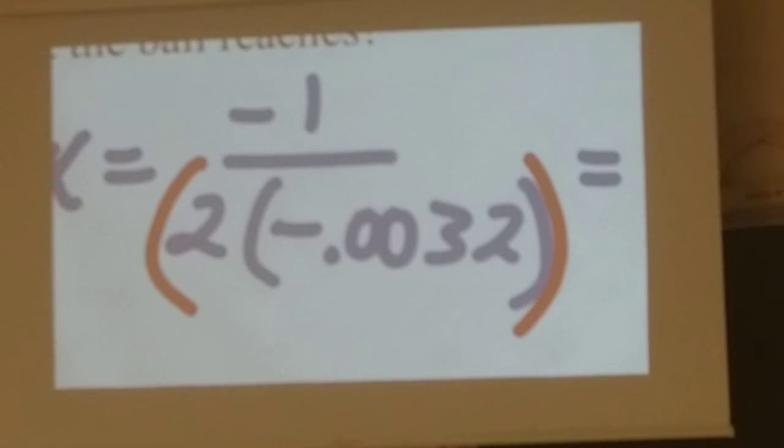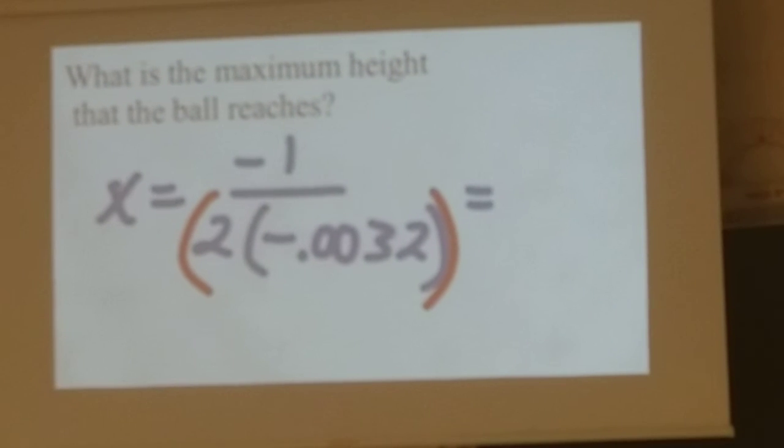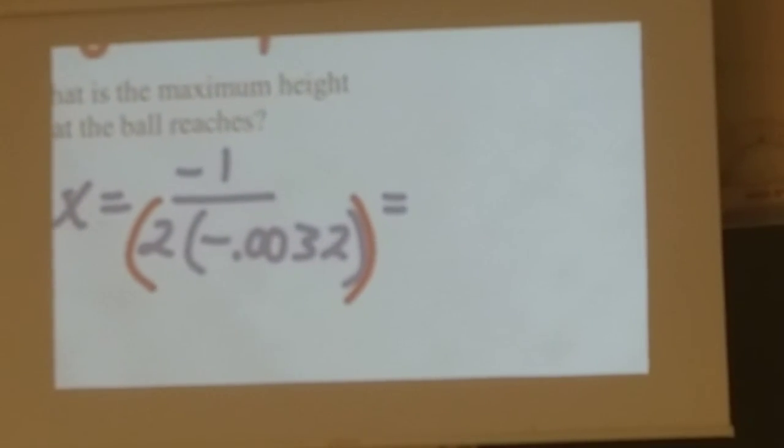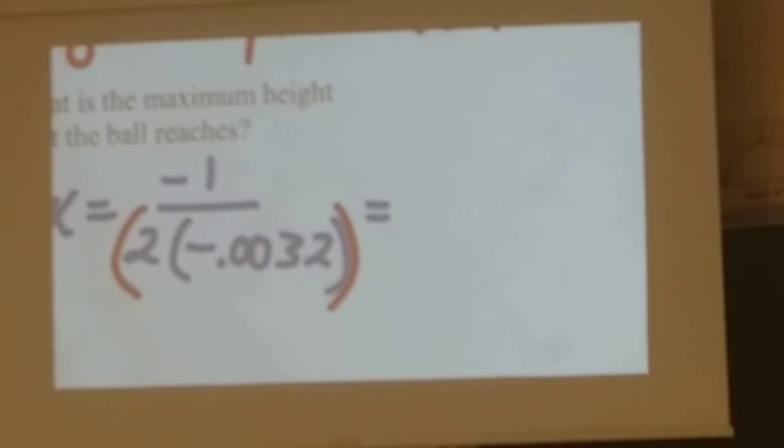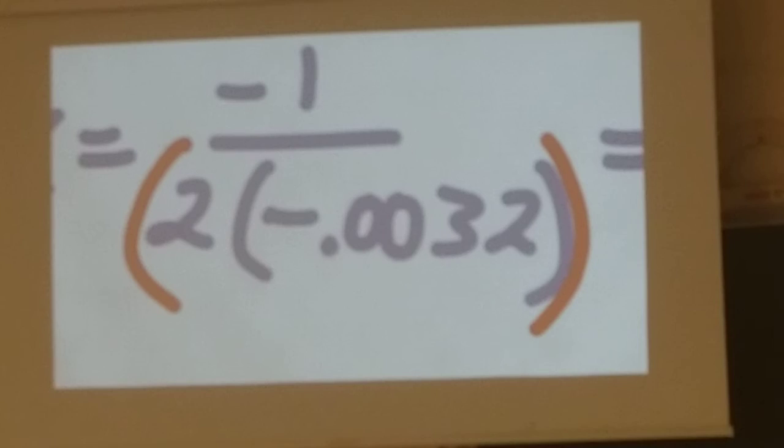It's exactly as I have it written here, but you're going to need that extra set of parentheses so that you can get 156. If you're not getting 156, make sure that you're dividing by that entire denominator, so the extra parentheses.